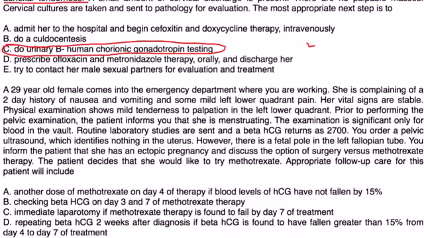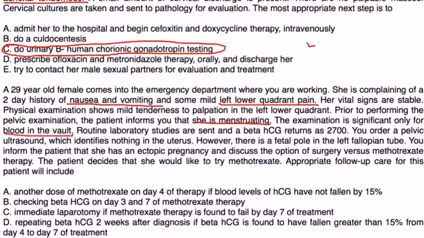Alright, next one. A 29-year-old female comes to the emergency department where you're working. She is complaining of a 2-day history of nausea and vomiting and some mild left lower quadrant pain. Vital signs are stable. Physical exam shows mild tenderness to palpation in the left lower quadrant. Prior to performing the pelvic exam, the patient informs you that she is menstruating. Exam is significant only for blood in the vault.